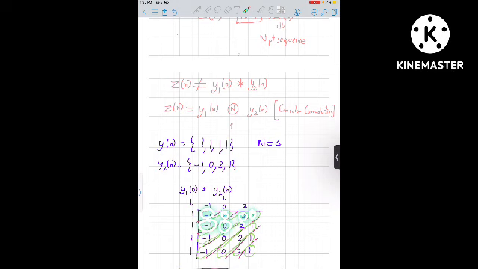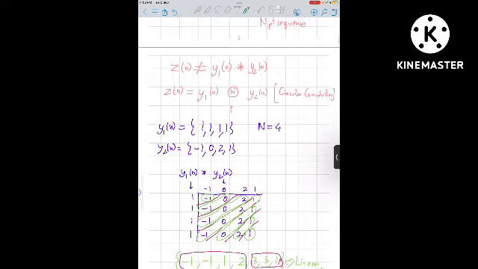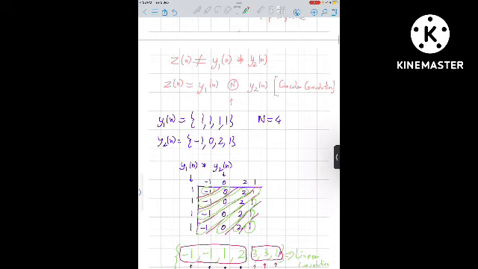Now I enclose them using these diagonals, and I add each of these diagonal elements. Minus 1 is as it is, so minus 1. Minus 1 added with 0 is still minus 1. Minus 1 added with 2 is a 1.